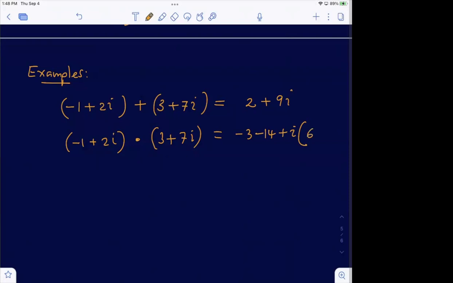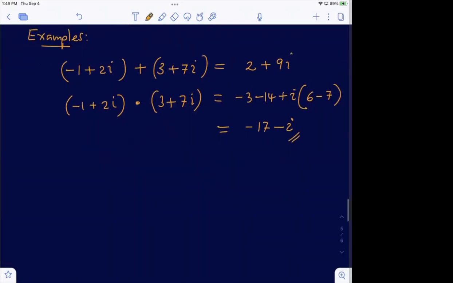So 6 minus 7. Now you can simplify it. -17 minus i. So in the same way, you can consider different types of simplifications.